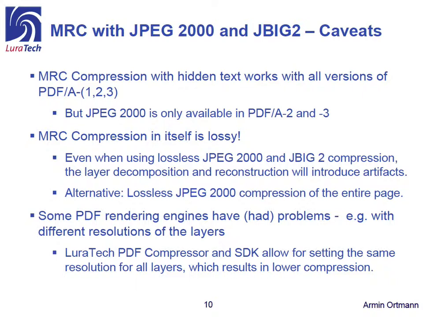Okay, a few more things to note about MRC compression with JPEG2000, JBIG2. As mentioned, JPEG2000 is only available in A2 and A3, but the general approach of MRC compression works with all 3 versions of PDF-A.